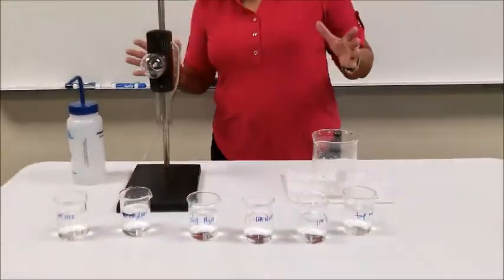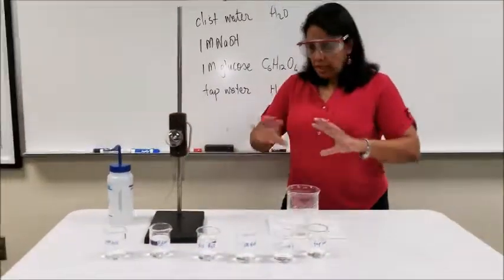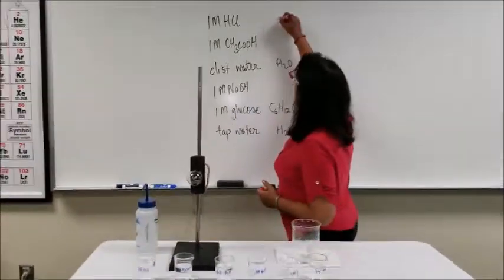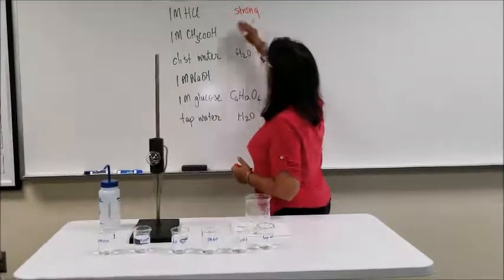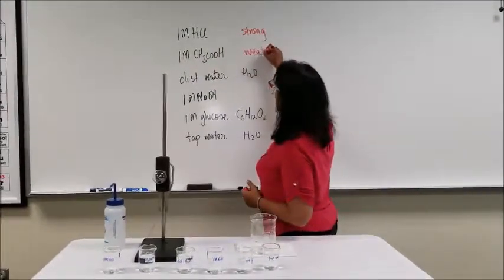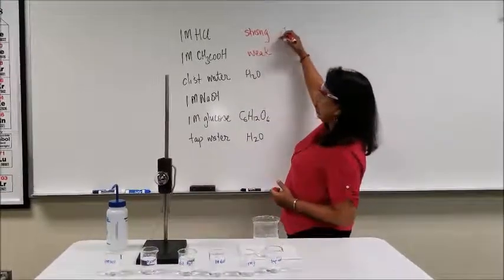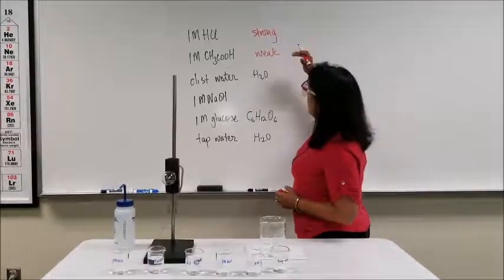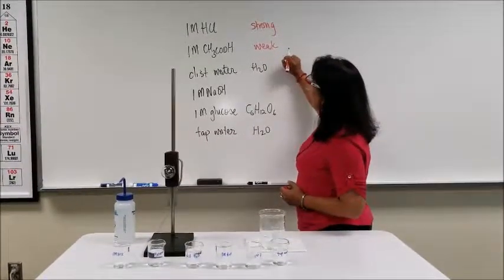Hopefully you got a good idea of what electrolytes are like, and hopefully you all came up with the fact that HCl is a strong electrolyte. Acetic acid is a weak electrolyte. It wasn't as strong as HCl, so the light was much brighter with HCl, and acetic acid was weak.